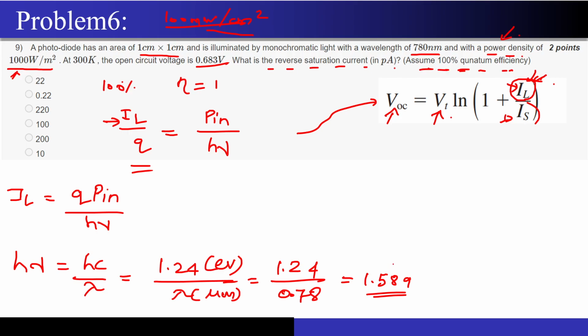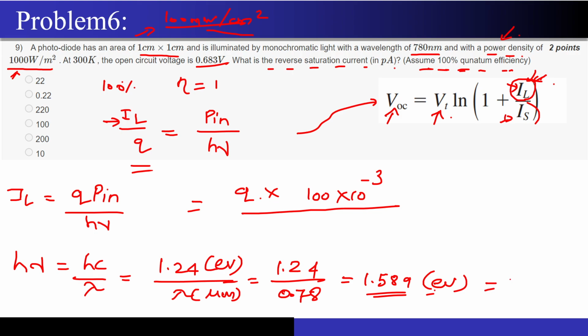Now if we substitute the value over here, IL will be Q into the value of P in, which is 100 milliwatts per centimeter square. So this will be 100 into 10 to the power minus 3 divided by h nu, where h nu is 1.589 electron volts.